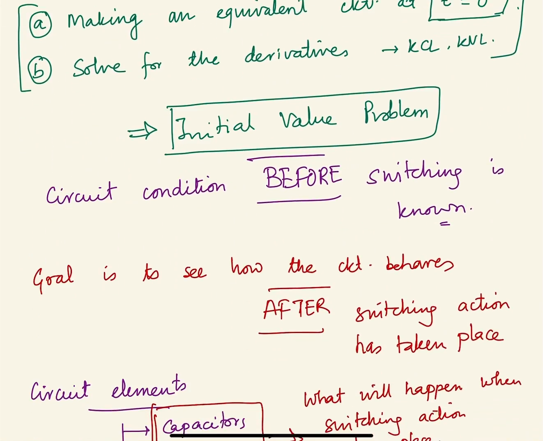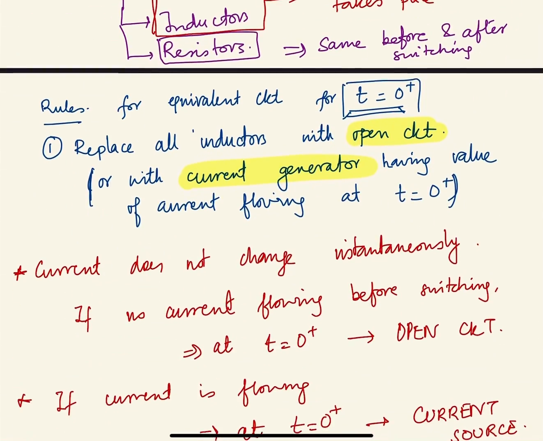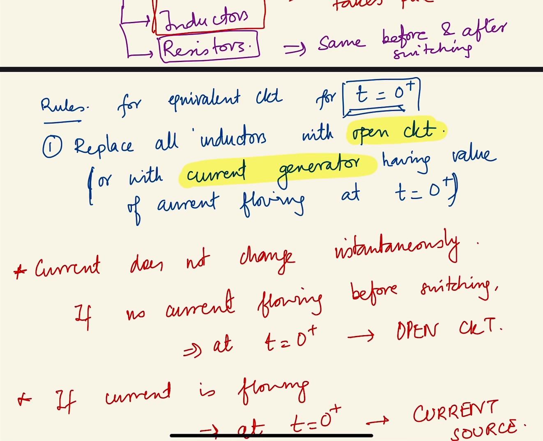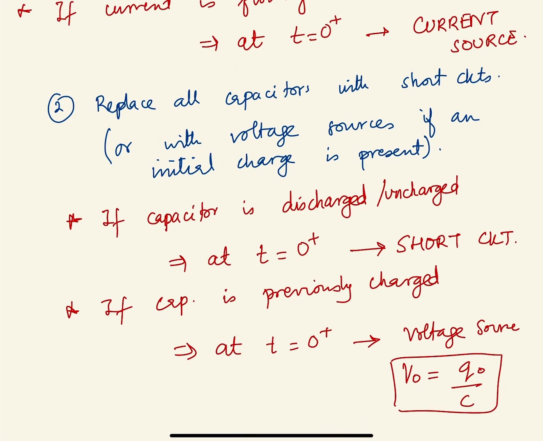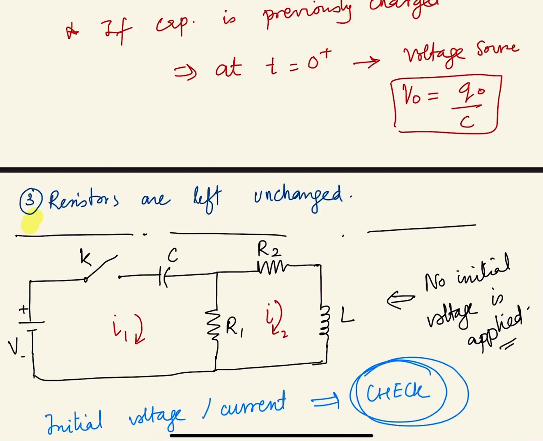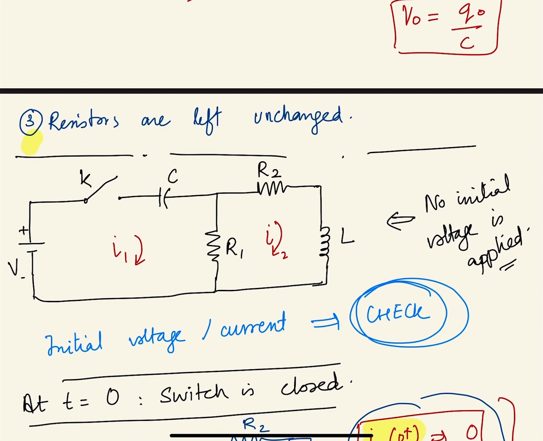We defined certain rules: inductors in a circuit are replaced with open circuits or with current generators, capacitors are replaced with short circuits or with voltage sources, and resistors are left on their own.